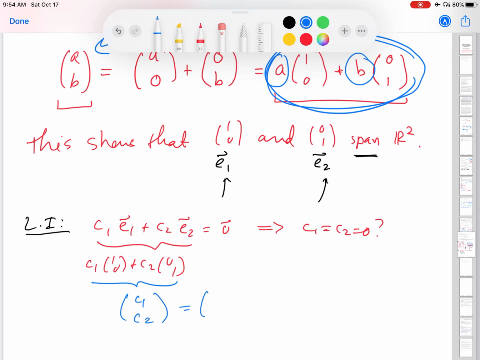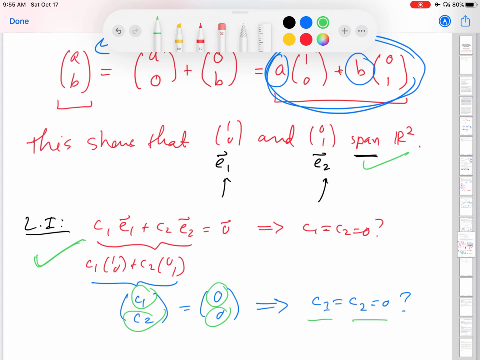I am trying to show that if (C1, C2) equals (0, 0), that implies C1 equals C2 equals 0. And the answer is yes. Setting the first components equal, C1 is 0, and setting the second components equal, C2 is 0. Great, so I now know that they are linearly independent and they span. So I have found another basis for R2.